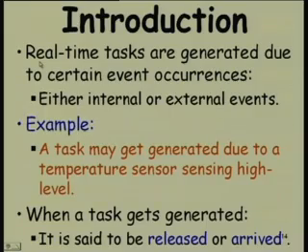We had seen that the events that we are concerned about are either the ones that are generated by the environment or those which are generated by the system. We will call them internal or external events. We had just seen the example of an event getting generated on a temperature exceeding some value, and this is the event which is generated by the environment.